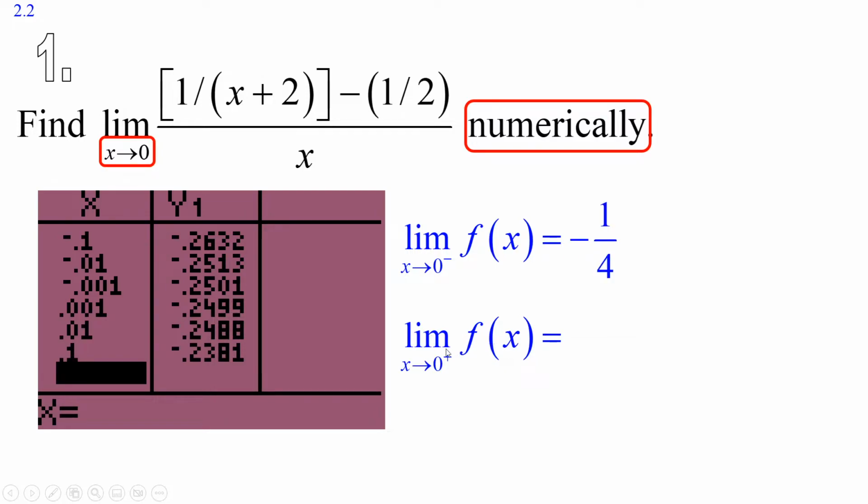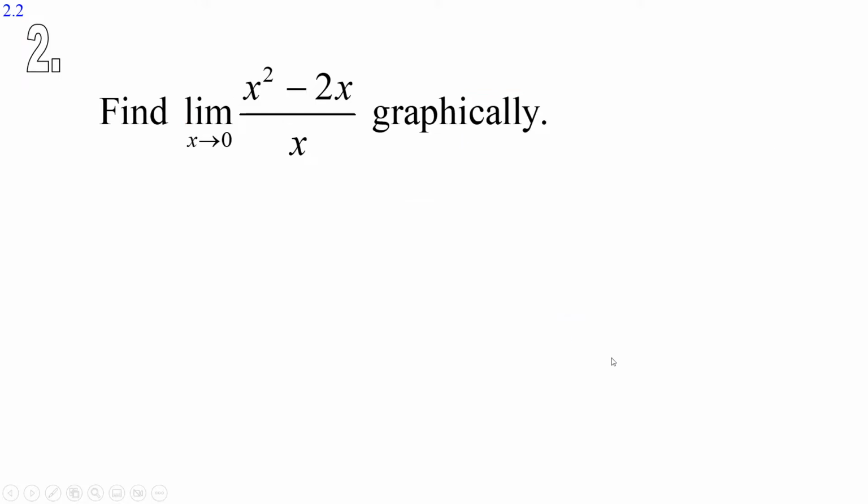The limit of f of x as x approaches 0 from the right is also negative 1/4. Therefore, we can say that the limit of f of x as x approaches 0 equals negative 1/4. There's your first problem. The error would be on your calculator, so just be very careful how you put the function into your calculator. Number 2.